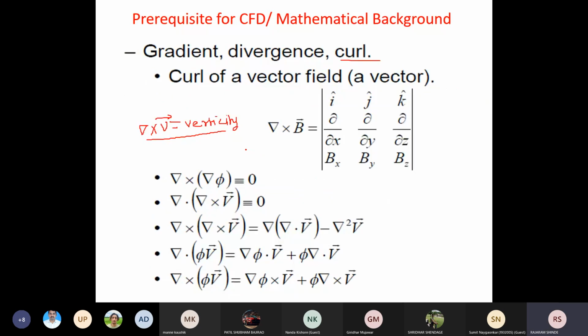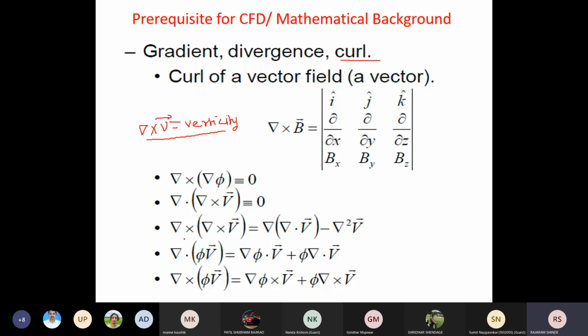When we take the curl of the gradient of phi, this equals 0. Next one, divergence of the curl is also equal to 0. You just put the components like this, then you will see how it is coming 0.